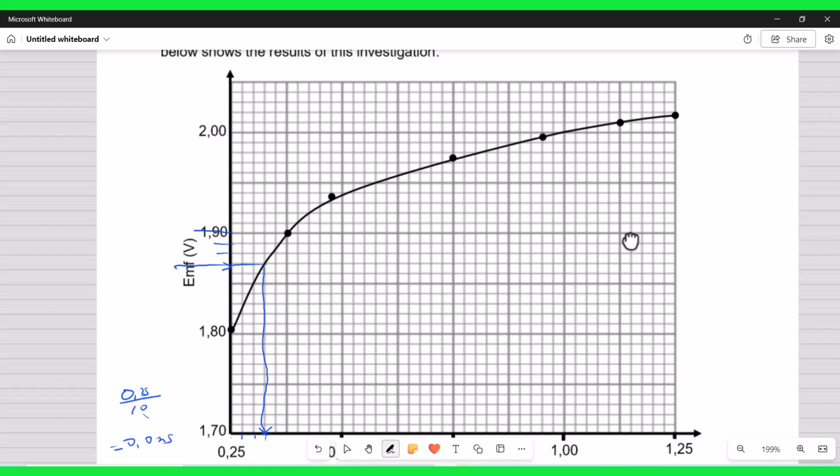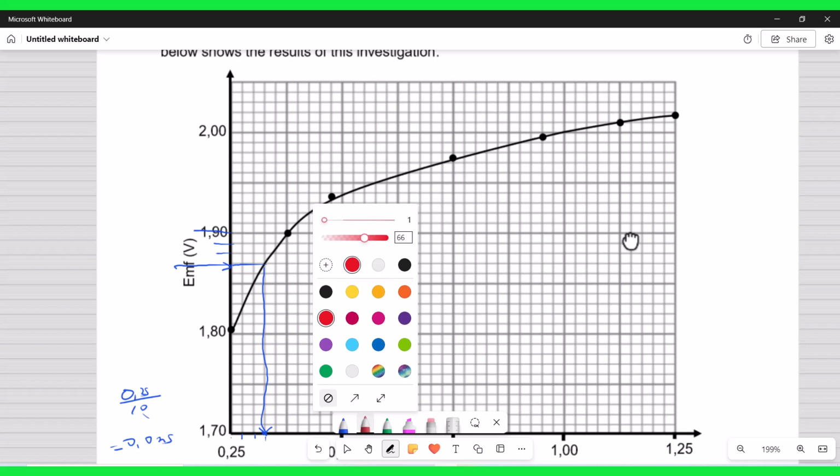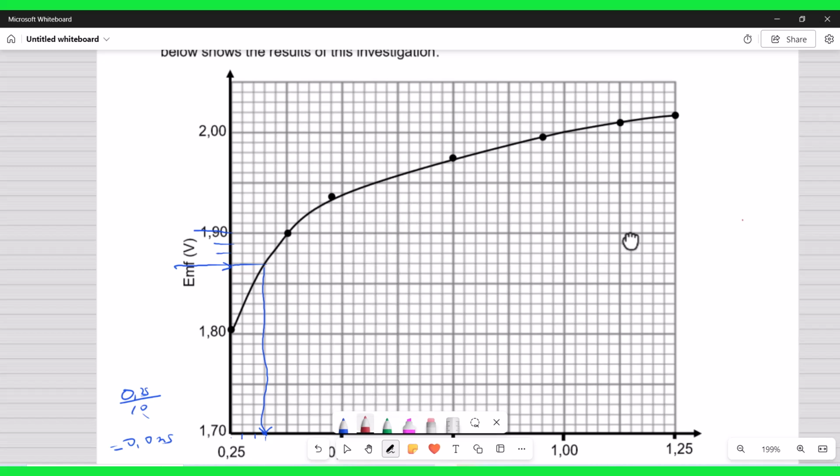If I may use the red color here, my EMF for this cell when the M is in operation should correspond to this concentration. So I must move up and find out which corresponding EMF it is. So this is where I am right now. Then I must go to this other side to locate the corresponding EMF. As you can see, it is 2.